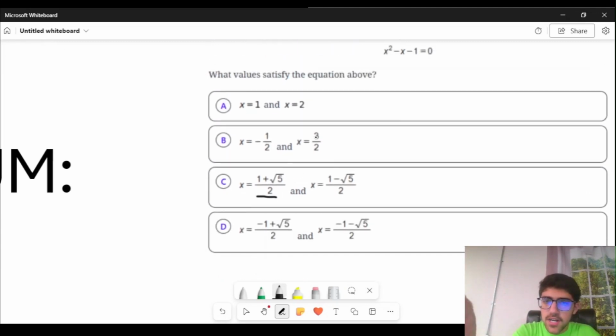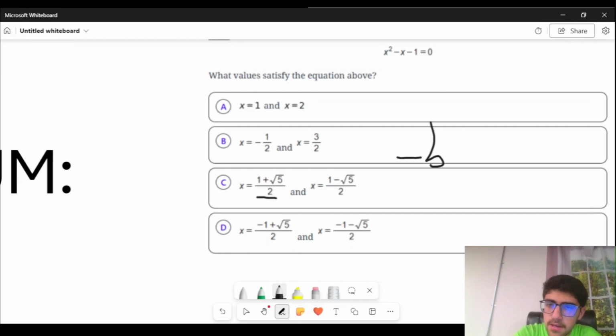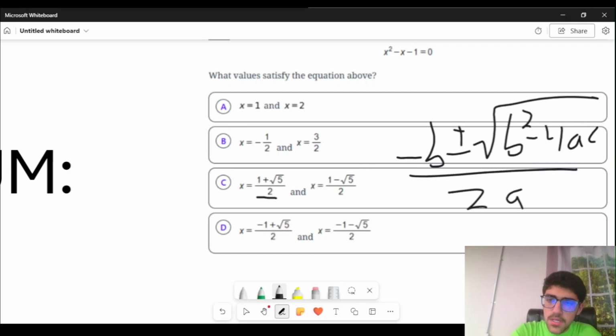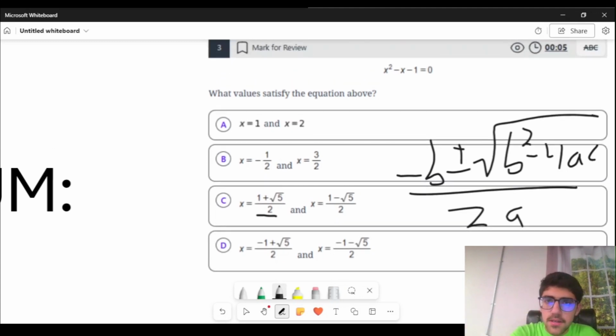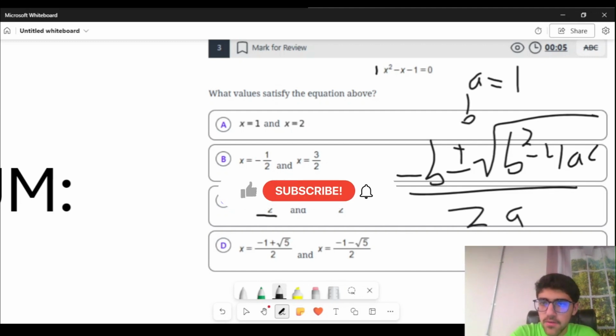So let's remember the quadratic formula: negative b plus or minus the square root of b squared minus 4ac, all over 2a. The coefficient of x squared is 1, so a equals 1. For me, it helps to just write it out. The coefficient of x is negative 1, so b equals negative 1.